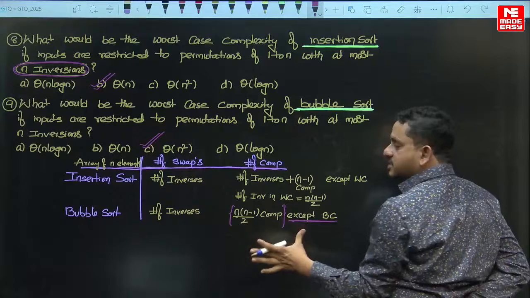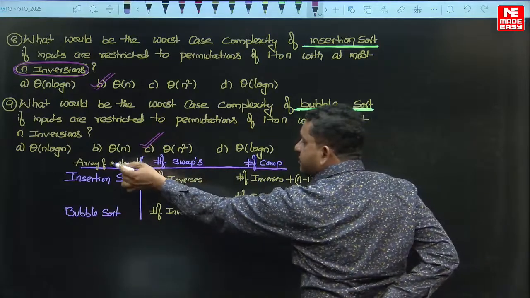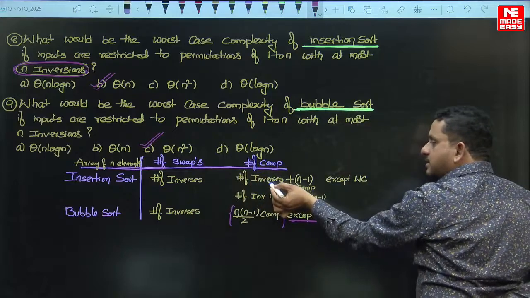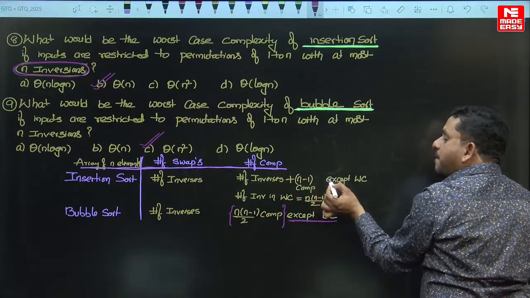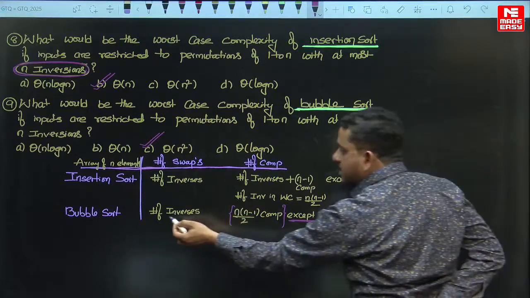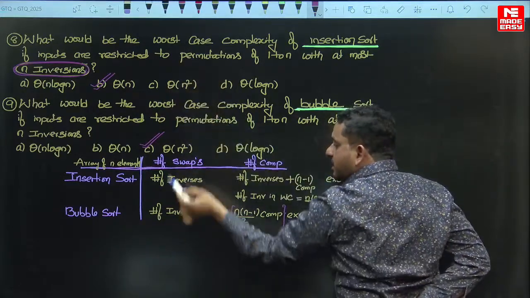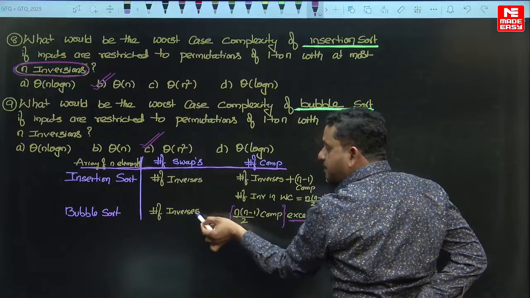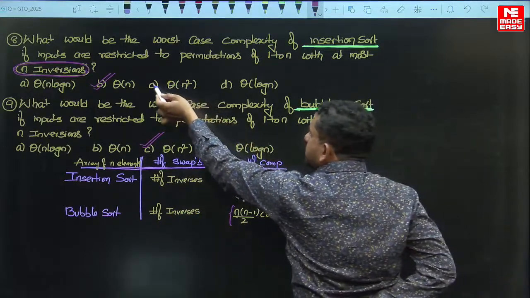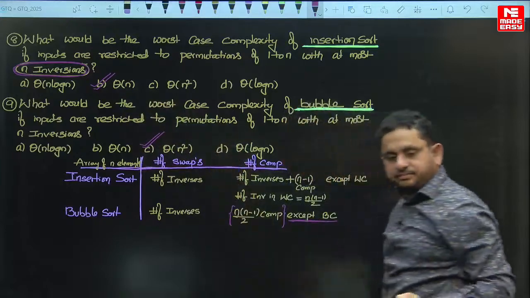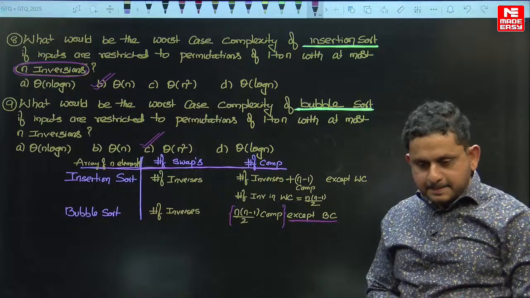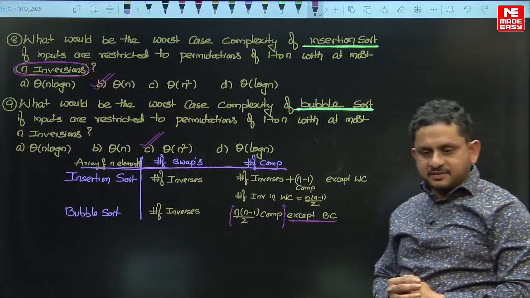If only n inversions exist in the array, then n swaps are required, and n comparisons plus n minus 1 comparisons, overall it becomes order of n only. For bubble sort, n swaps are required, but the comparisons do not reduce. That is why bubble sort time complexity does not reduce, right.